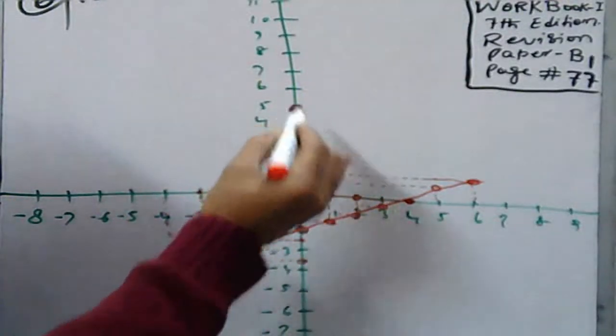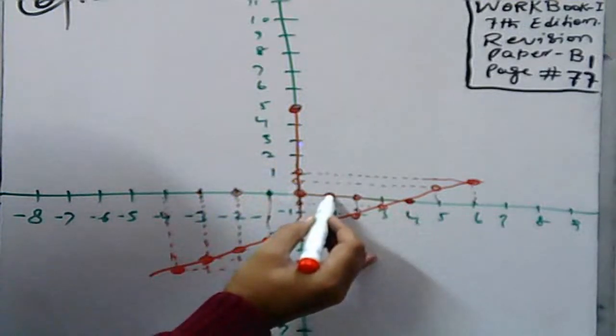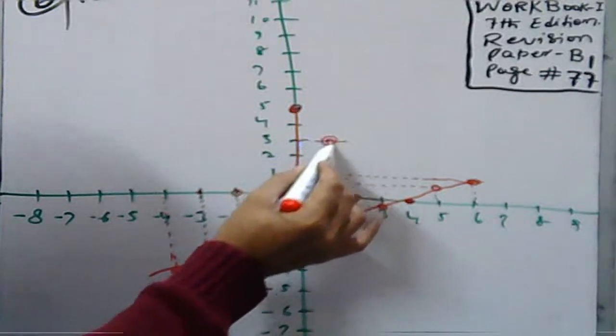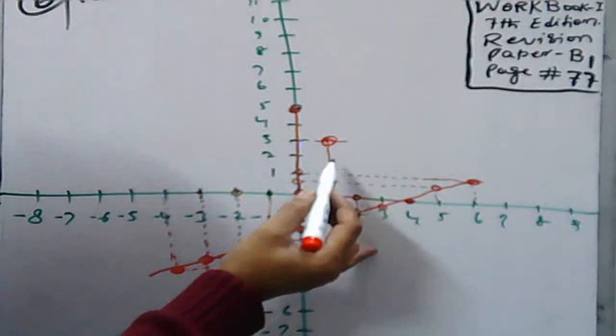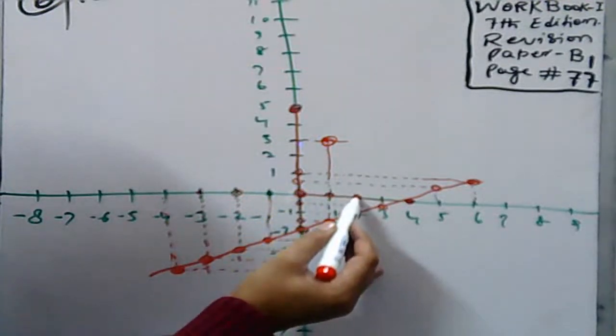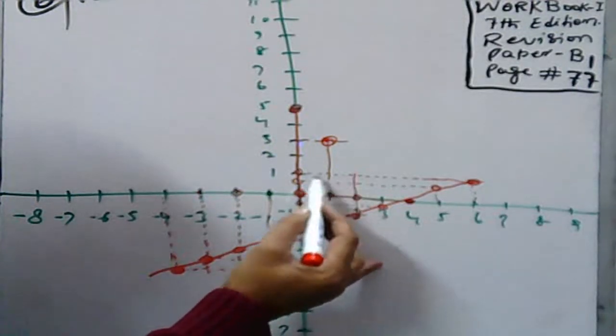For 1 you will get 3, this 1 and 3. So that is one point for the second line. For 2 you will get 1, 2 and 1, up to here.